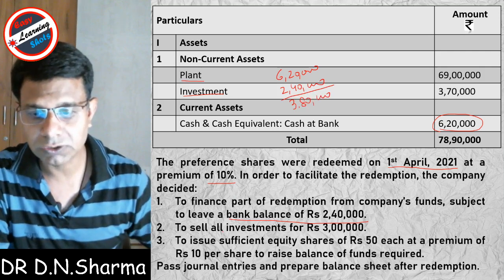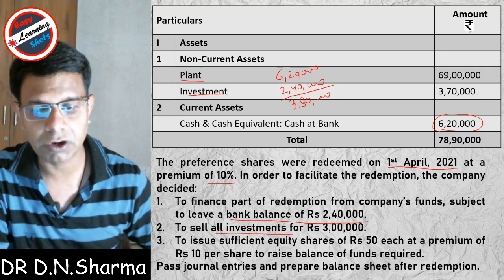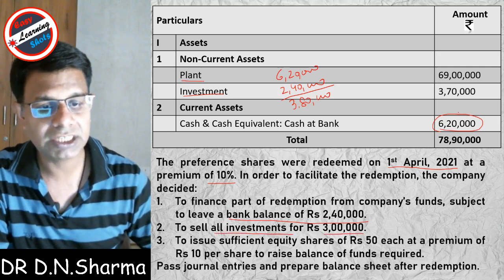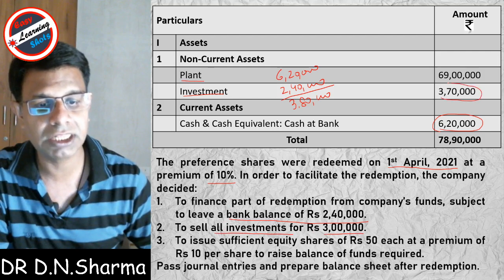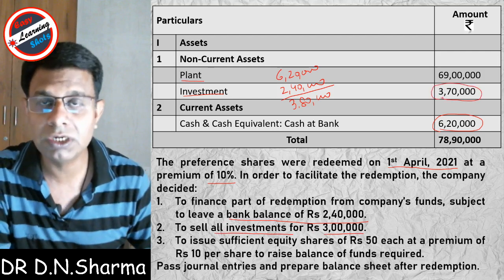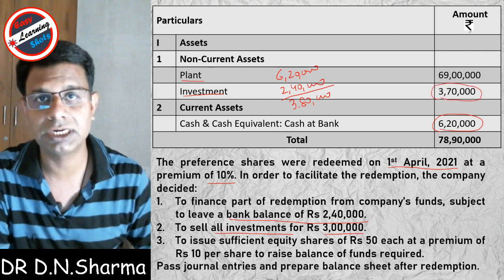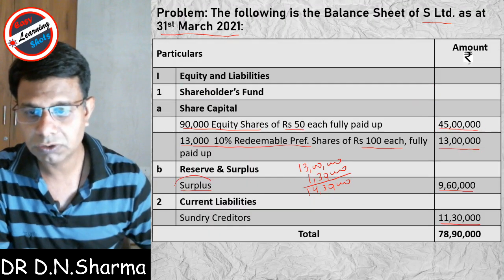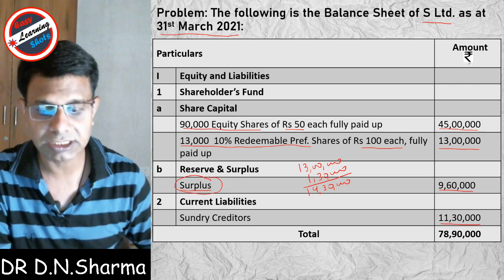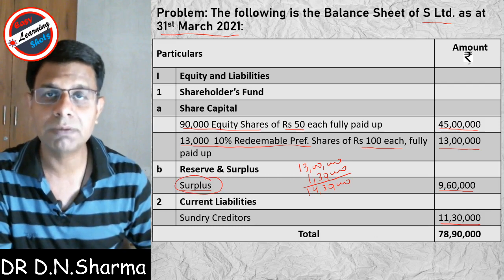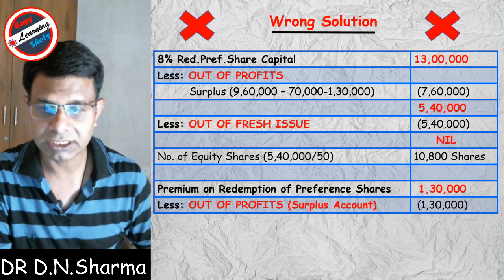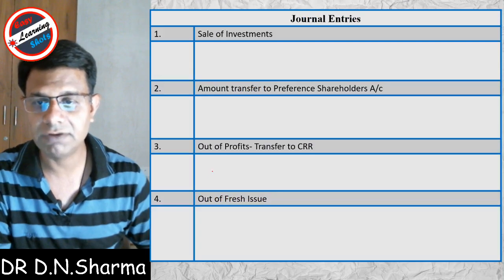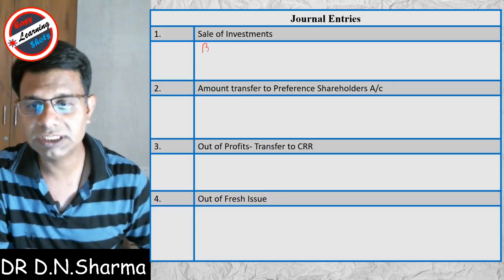The company also sells all the investments for 3 lakh rupees. Now the investment book value is 3,70,000, which the company sold at a loss of 70,000. And here the P&L account is represented by the surplus account. So when the company sells investment at a loss, then we debit the surplus account, and our general entry for selling the investment is bank account debited.